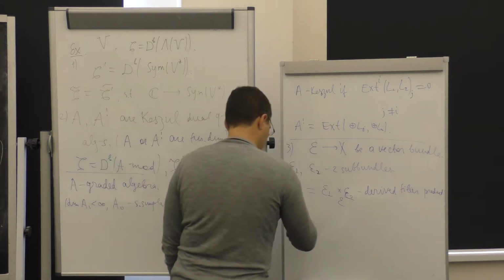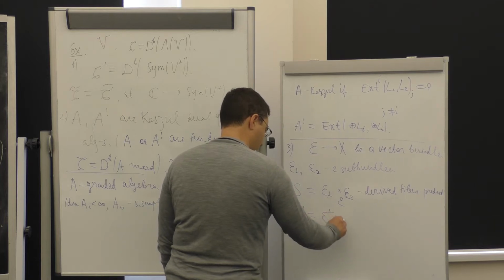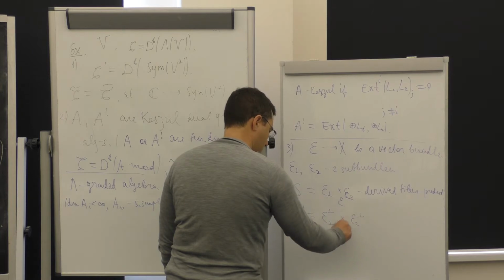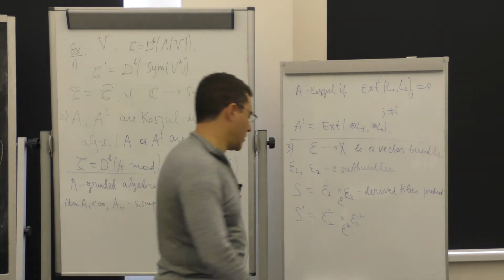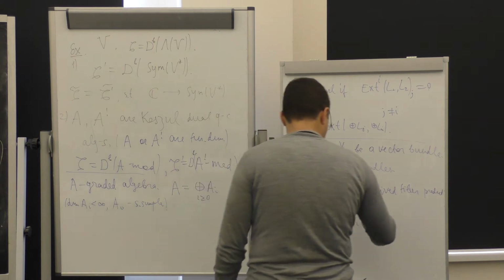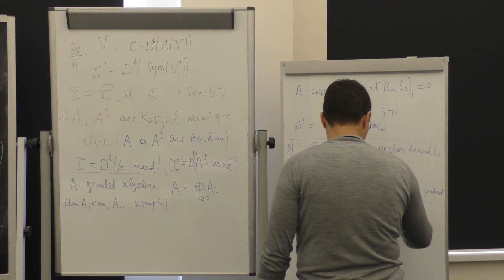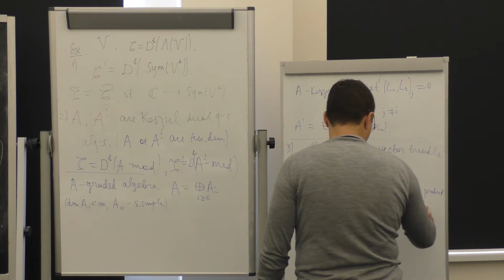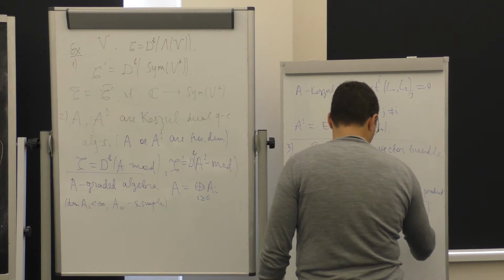And S prime will be the dual data. And so then I take C to be D^b coh of S, and C prime to be the coherent derived category of S prime.